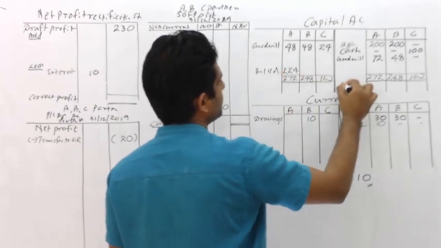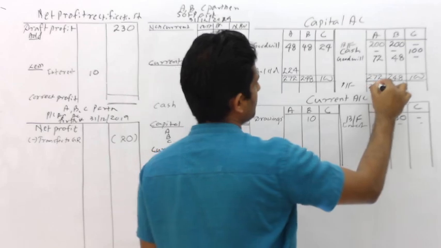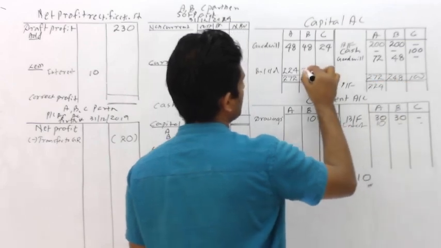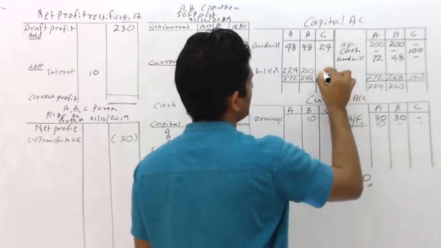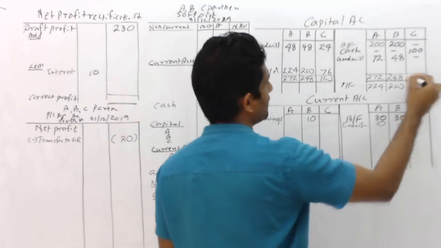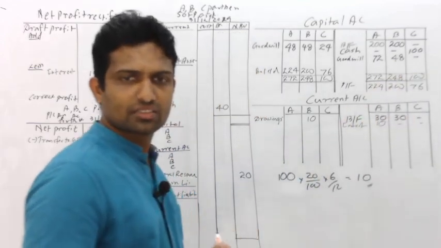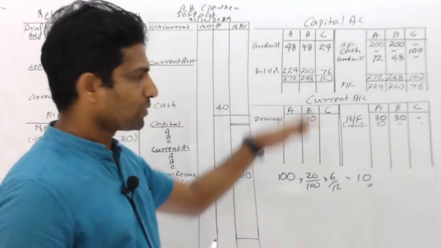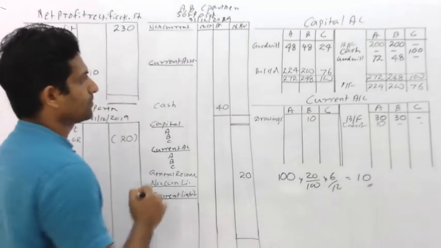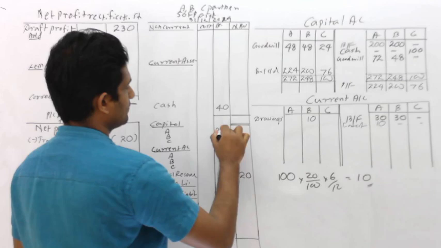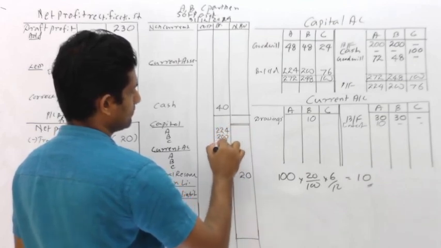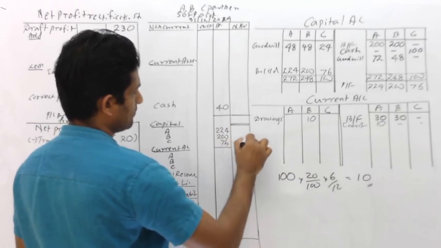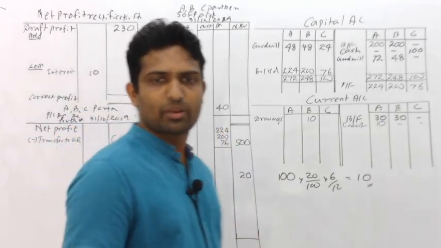Is it 224? Is 200. Here that is 76. These are the capital balances of partners. Are these correct? You got these balances?